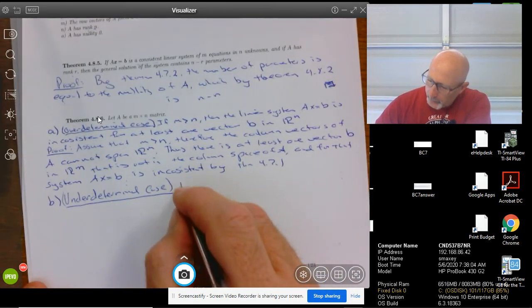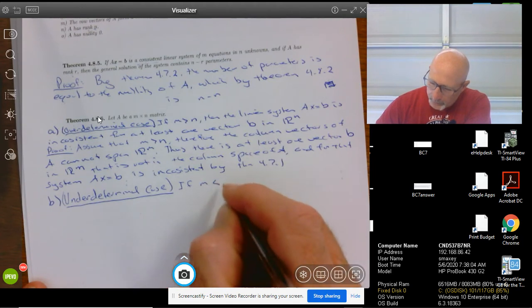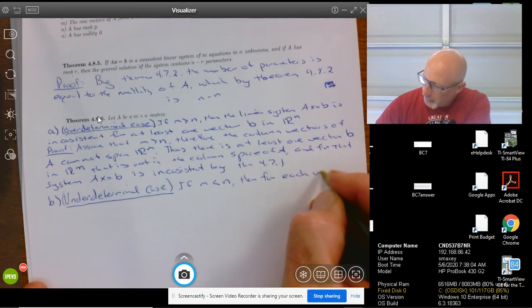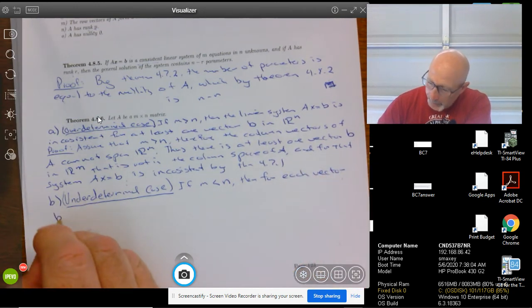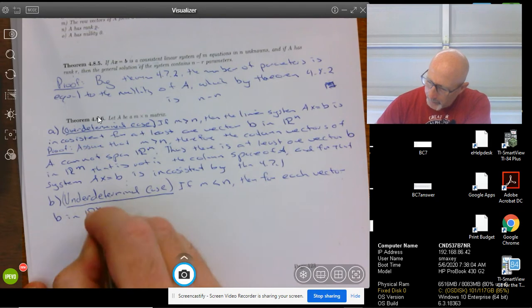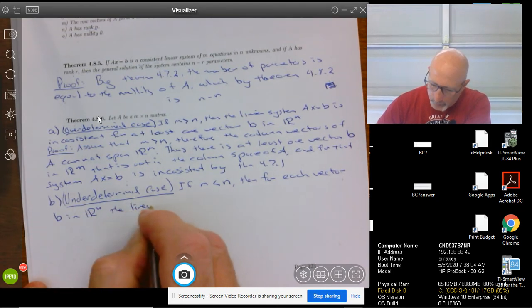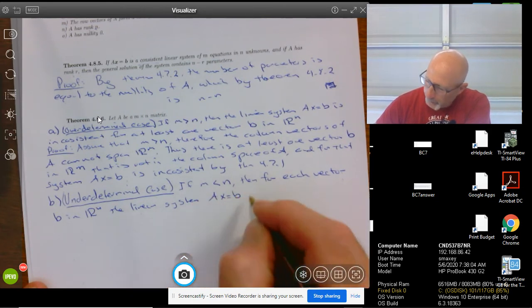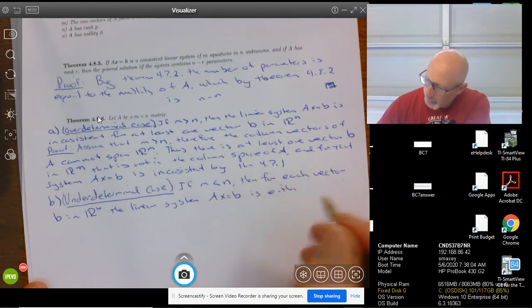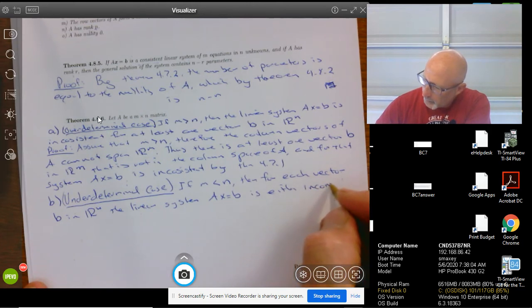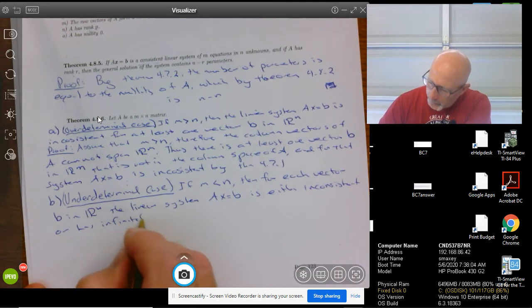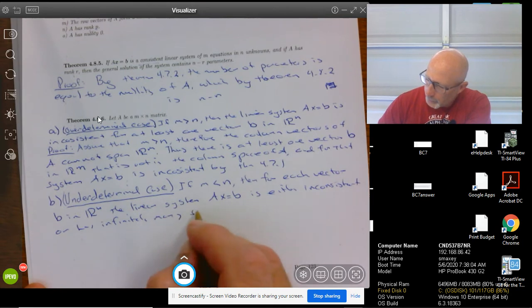Okay, so this is if m is now less than n, then for each vector b in Rm, the linear system Ax is equal to b is either inconsistent or has infinitely many solutions.